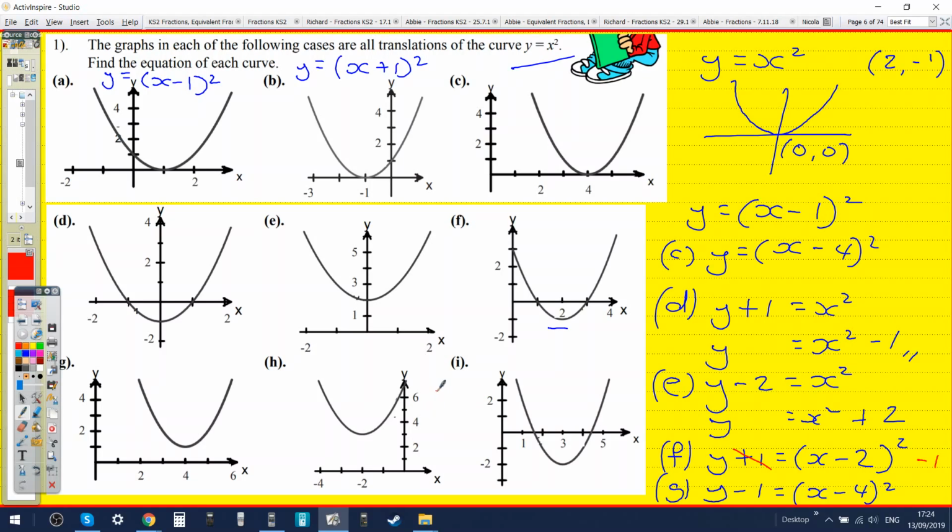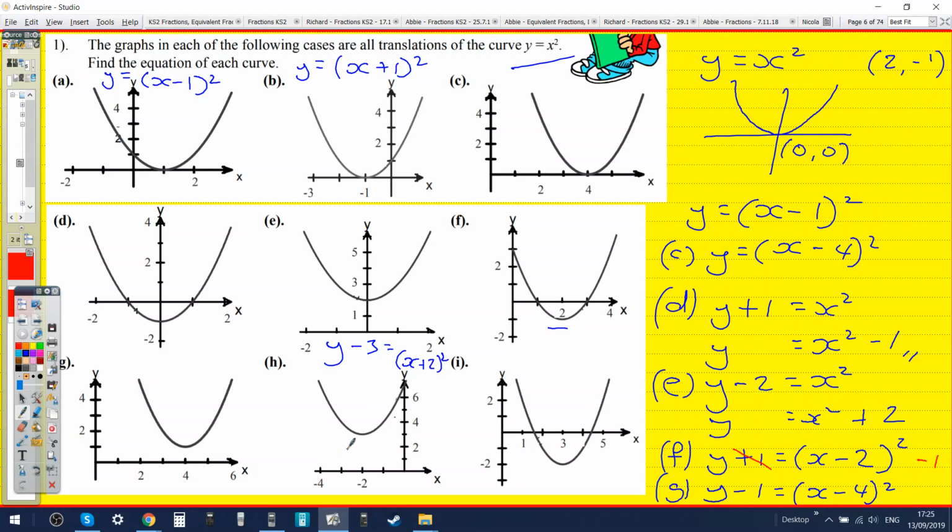So let's try h any way you like. What would be h? And get your final answer as y equals. Okay, so if I do the working out first, I'd say y minus 3 equals x plus 2 squared.